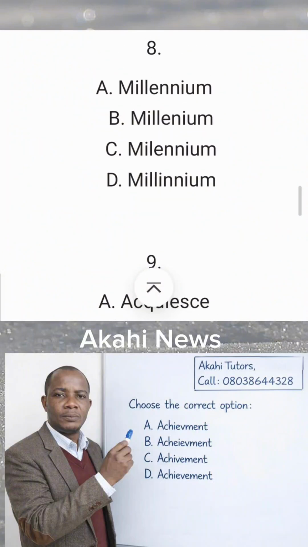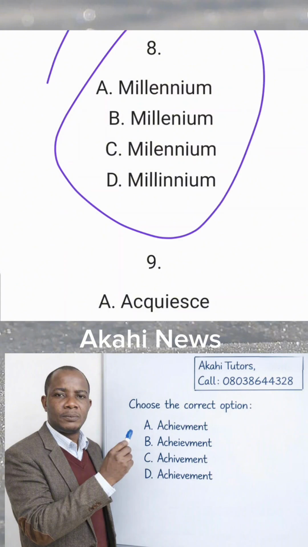Question 8. We are given the word millennium. Millennium has double L, yes. It has double N. That makes this incorrect. It has double L. This is not correct too.